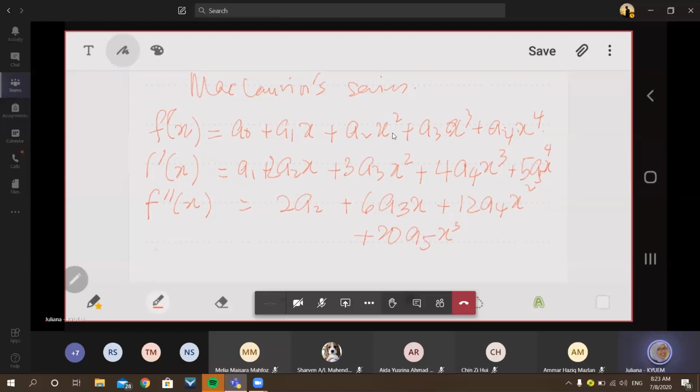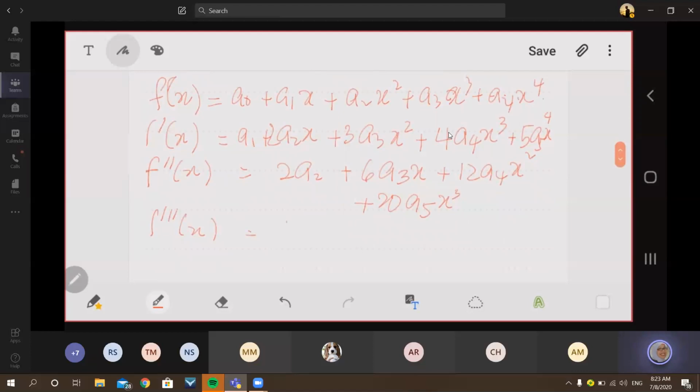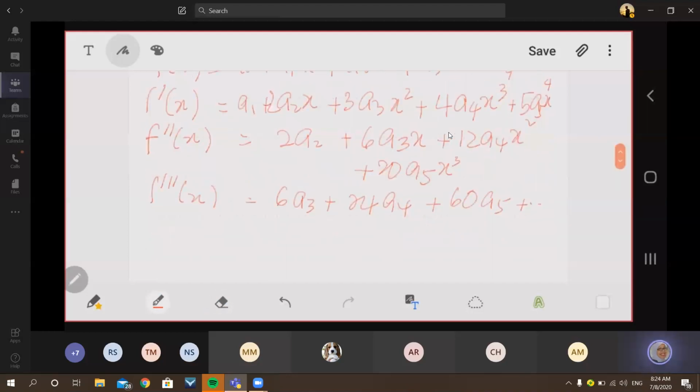Alright, so if we differentiate another time, we will get 6a3 plus 24a4 plus 60a5x squared, etc. So we can see that f of 0 is equal to a naught.